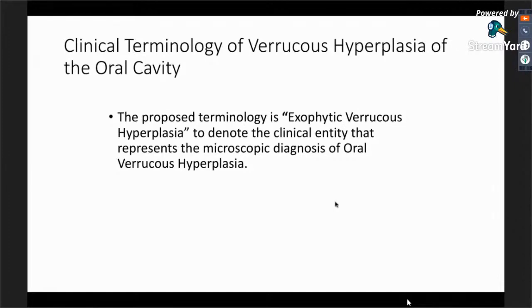However, at that time, we did discuss that the fact that we use verrucous hyperplasia as a clinical entity doesn't sound quite correct, and yet we were not able to come up with any better entity. Therefore, we had this exophytic verrucous hyperplasia. However, I think many pathologists are still arguing that this is probably not suitable because of the word verrucous hyperplasia.